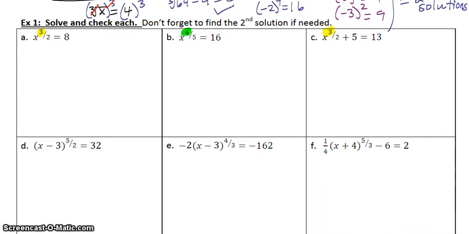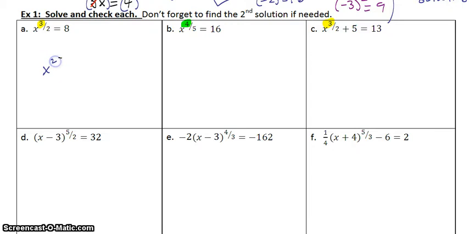Now, quick side note, when I had something like x squared, the whole reason you wanted to square root it is really a square root is the same thing as a 1/2 exponent, right? And 2 times a half is 1. So essentially you've turned it just to x because you've been able to cancel out the exponent by making it into a 1. So here's what our strategy is here.